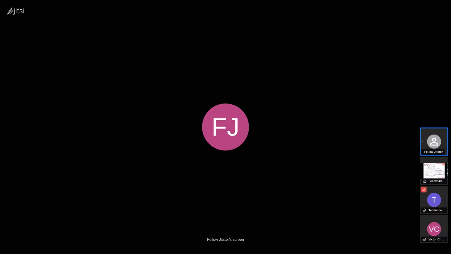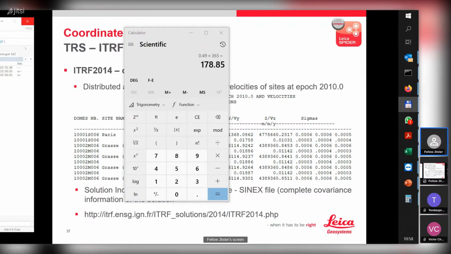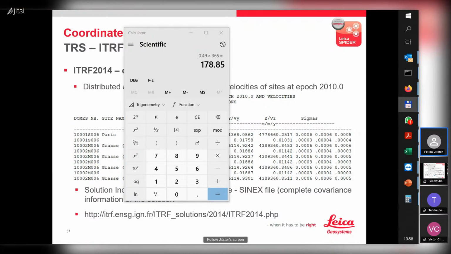Okay, we just have to remember 178.85. I have some problem with my computer. It's somehow frozen. Okay, 178.85. I will use my phone to do it.